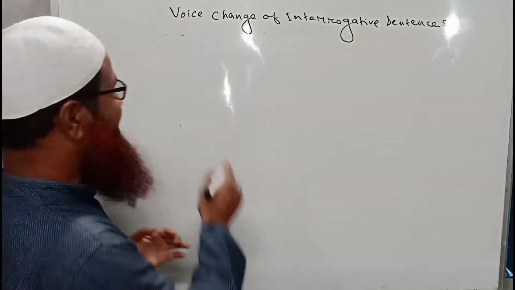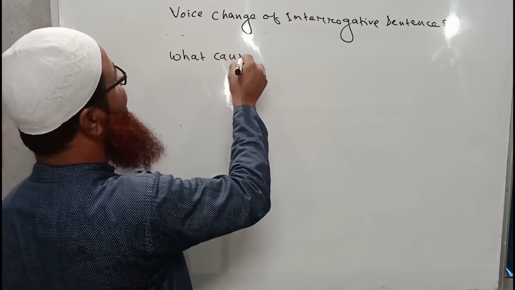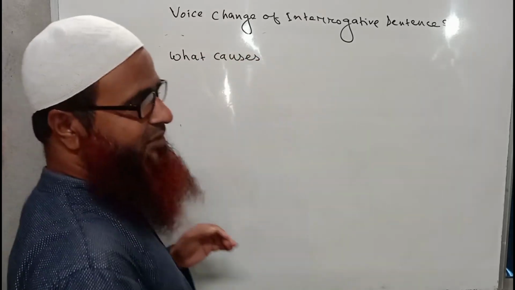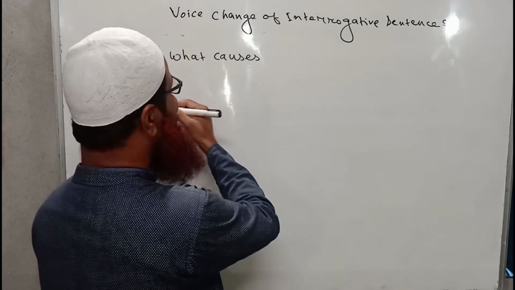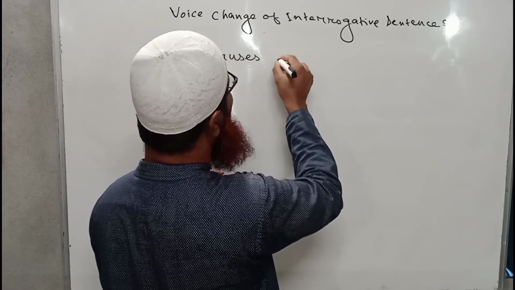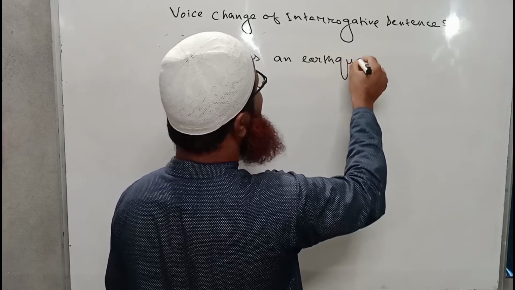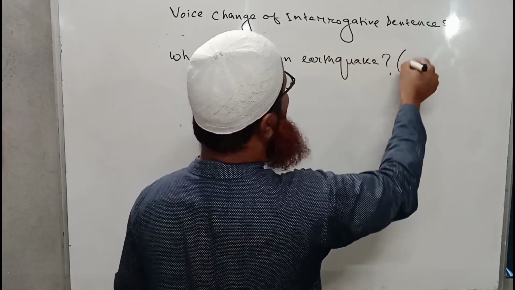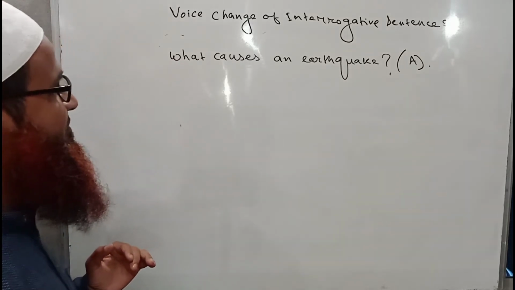That is why this is a very important sentence, and in many examinations and interviews, this sentence is often asked. What causes an earthquake? Very important sentence, often asked in the examination.